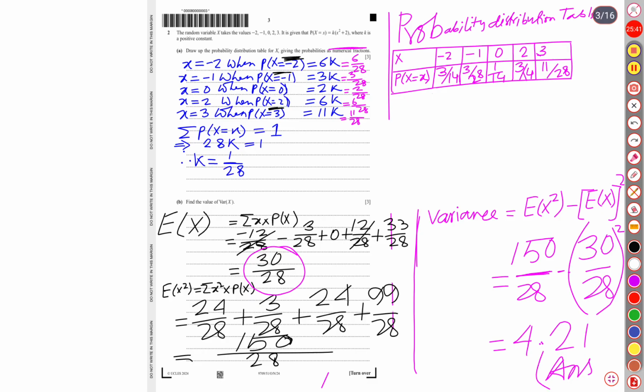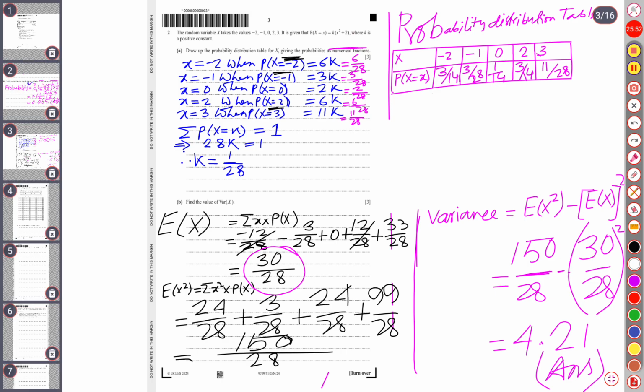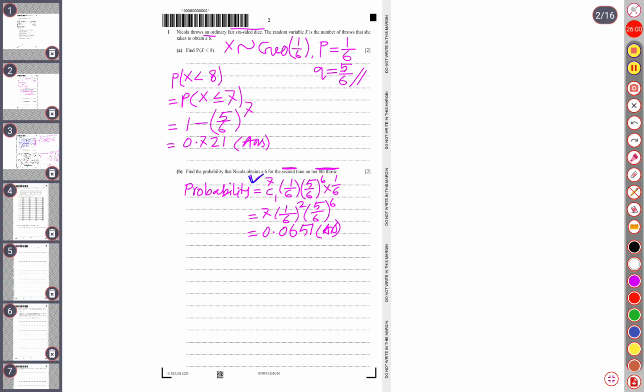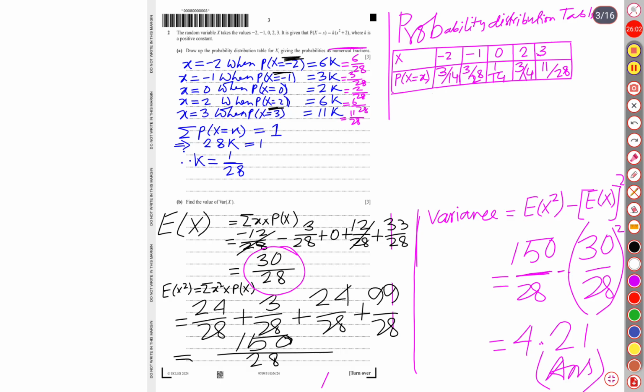So I think you have understood as much as possible, and I tried to explain every tiny part of this solution. Let me show you the solution to question number 1 as well. So this is the solution to question number 1, and 2 is over here.